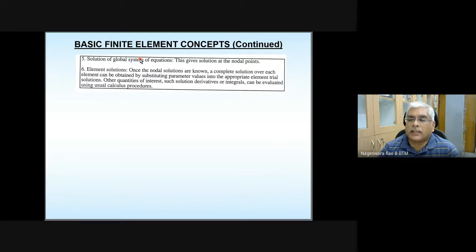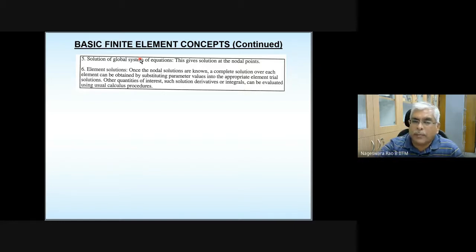Then you go back to each element and solve for the solution in each element separately. Once you have the solution in each element, you can plot it, and you are going to get the entire solution.